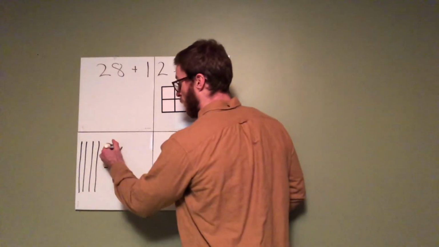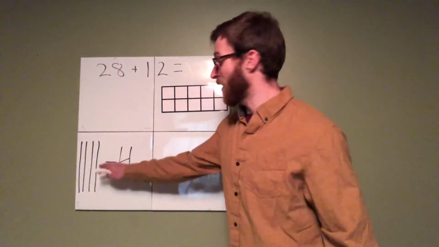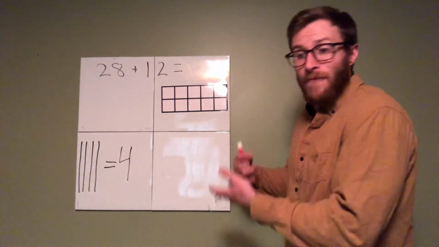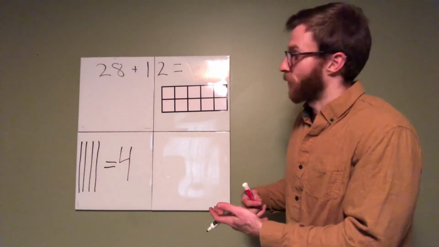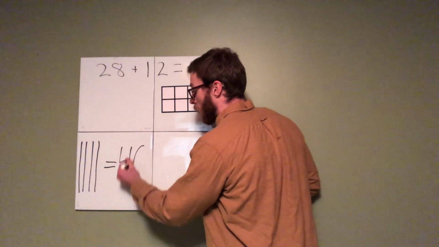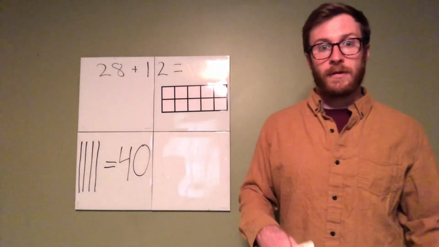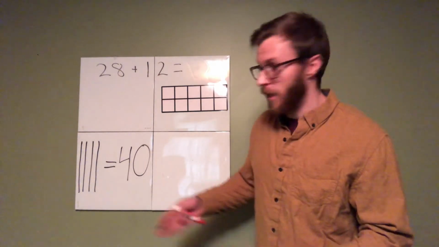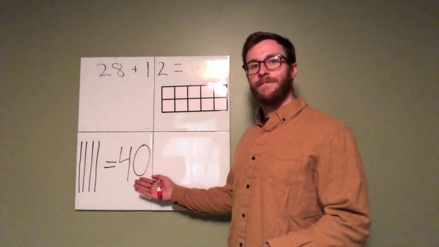So I have 4 10s. Do I have any extra ones left? We added our ones together. Was I left with any extra ones? I was not, so I have 0 ones. So our answer to 28 plus 12 must be 40.